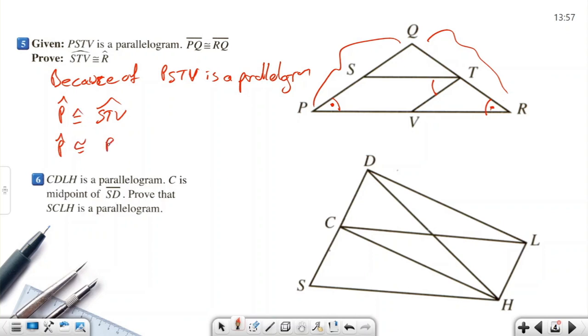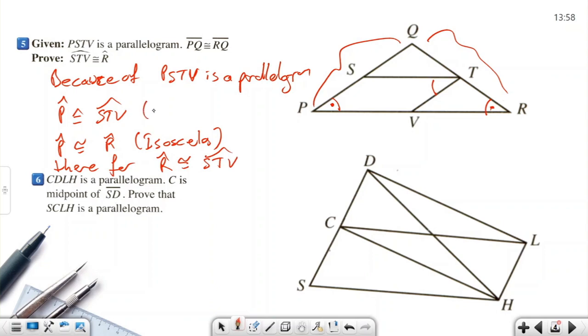So angle P is congruent with angle R, because PQR is an isosceles triangle. Therefore, as you see, angle P is equal to angle STV, and P is congruent with angle R, so both of them are congruent with P, they must be congruent to each other, so both of them have the same value.